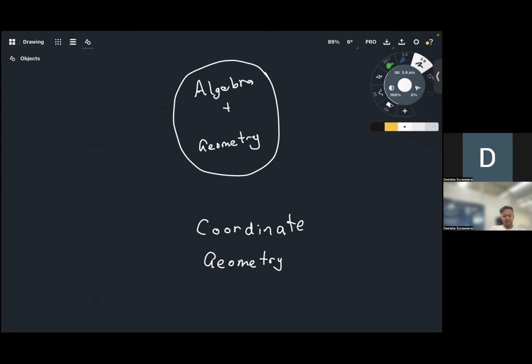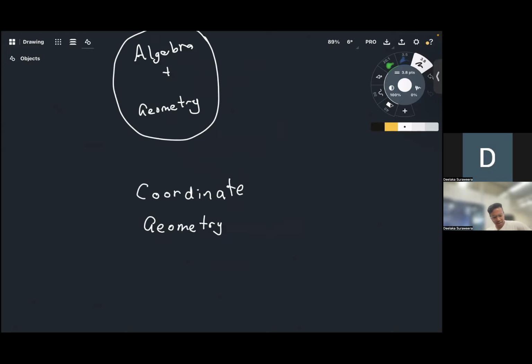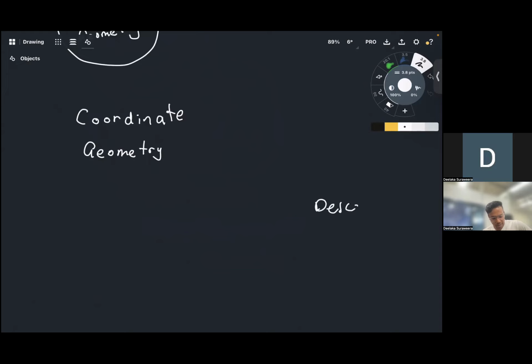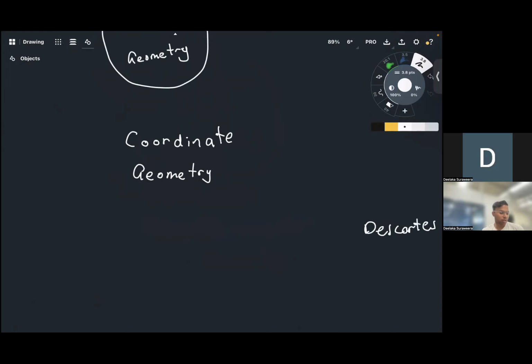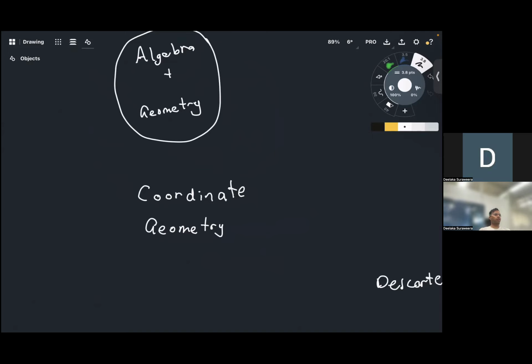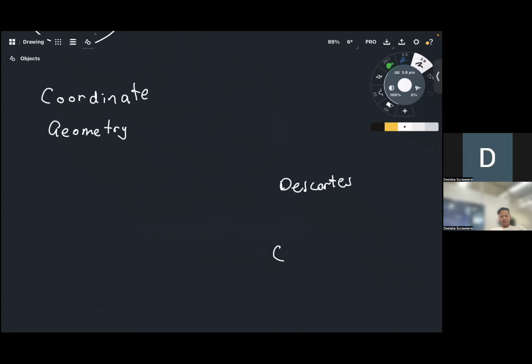But then this guy called Descartes came up with coordinate geometry, which is combining algebra and geometry, sort of the two most important parts of maths together. And because he came up with it, the Cartesian plane is named after him. Descartes, Cartesian. And that's the first thing we'll learn about today.